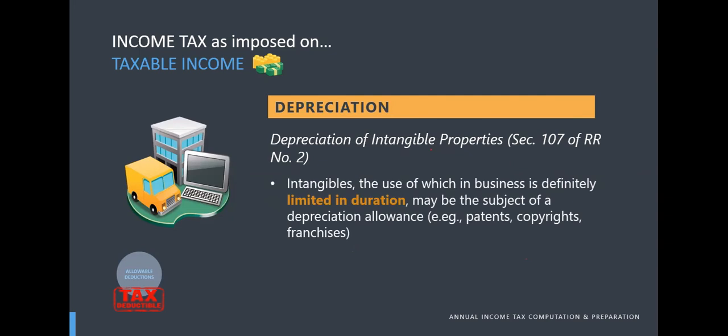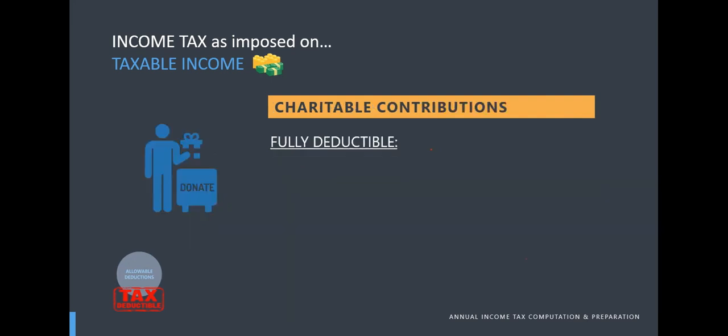Depreciation of intangible properties. Intangibles, the use of which in business is definitely limited in duration, may be the subject of depreciation allowance, such as patents, copyrights, franchises. If the duration of the intangible property cannot be determined, then it cannot be subject to depreciation.